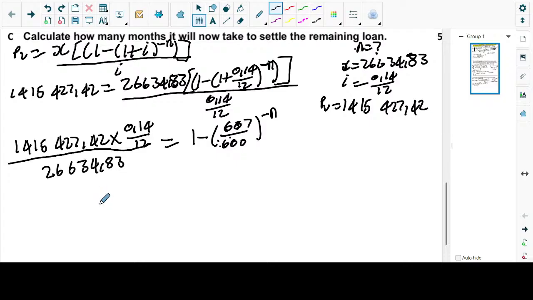This one of 1.4 million multiplied by 0.14 all over 12, divided by 26,634. We should do it now on our calculator. We type 427, multiply by the fraction 0.14 all over 12, then divide.